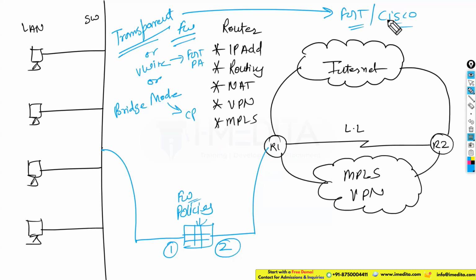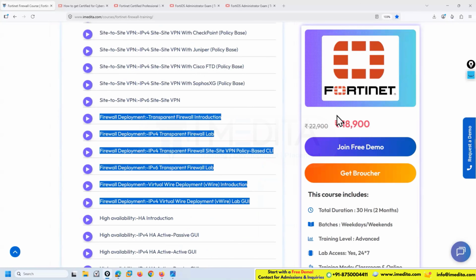So Cisco, FortiGate, Palo Alto, Checkpoint firewalls support bridge mode or vWire or transparent mode. Using transparent firewall, vWire or bridge mode, we can deploy firewall policies in our LAN without changing the network. So this is our transparent firewall or virtual wire.